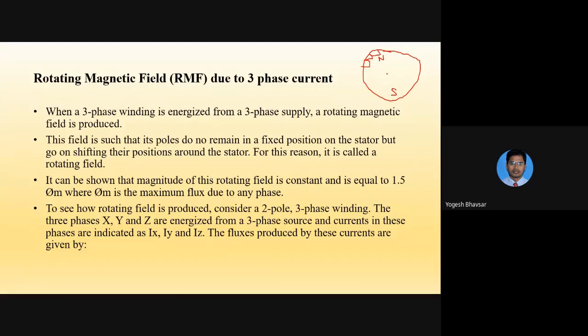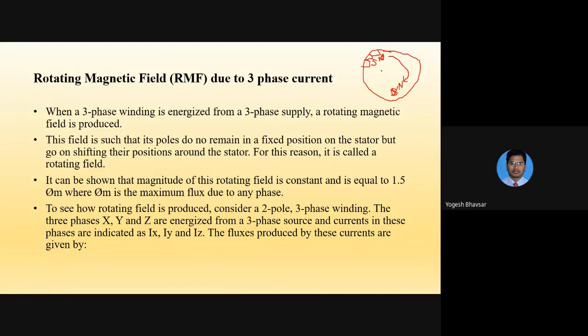After some time there will be a reversal in the magnetic field. So previously this was an S pole, now it changes to N, and previously there was an N pole, now it becomes S. This is the reversing of the magnetic field.